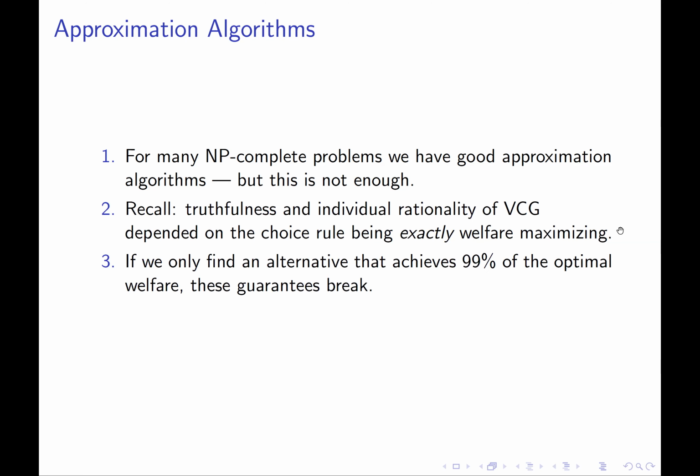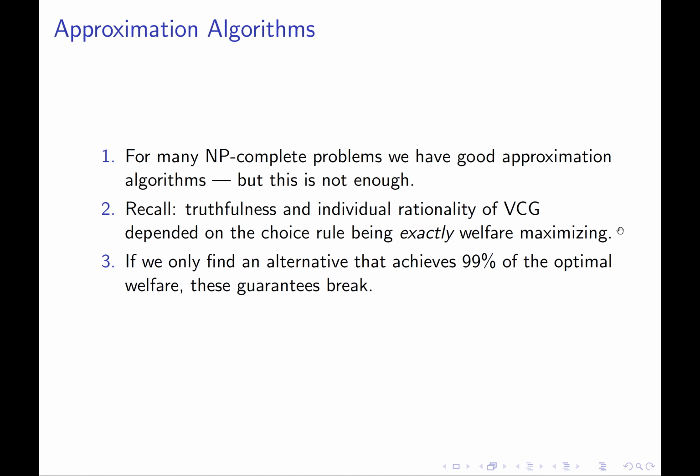And these arguments and these properties of the mechanism are extremely brittle. So if we just try to use the VCG payment scheme without modification and swap in, for the allocation rule that exactly maximizes social welfare, some heuristic that even does a really good job short of exactly maximizing social welfare, for example, even if we swap in a heuristic that is always guaranteed to find a solution that achieves 99% of the optimal welfare, then these guarantees entirely break. They break catastrophically.